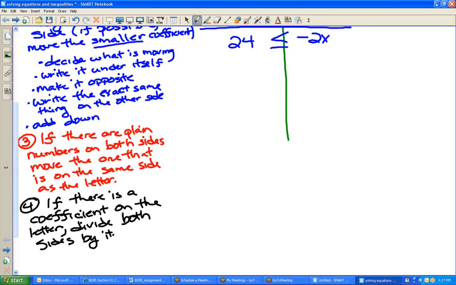So in this case, my coefficient is a negative 2. If there's a coefficient on the letter, divide both sides by it. So in this case, I'm going to divide. And remember, a fraction bar is just a short way of saying divided by. So I'm going to divide by a negative 2x and divide by a negative 2x.